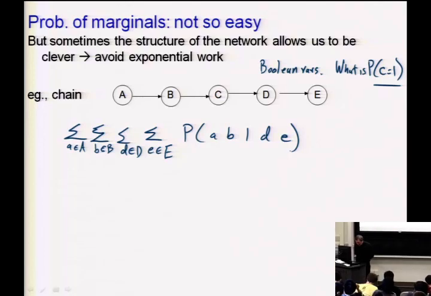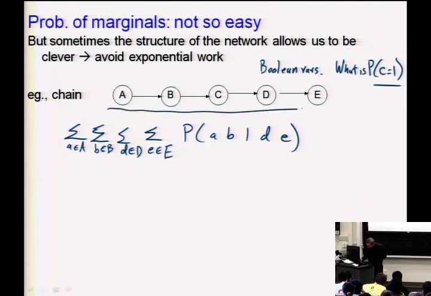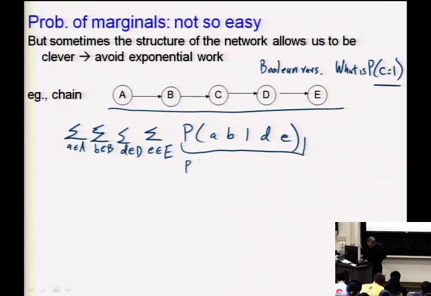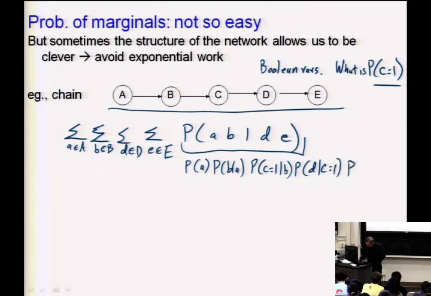Okay. And of course, given this structure of the Bayes net, we can rewrite this as what? Well, that's just P of A, P of B given A, P of C equals 1 given B, P of D given C equals 1, P of E given D, right?